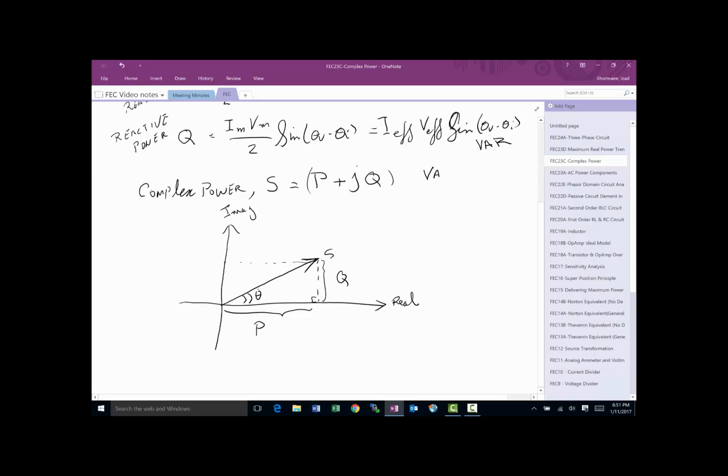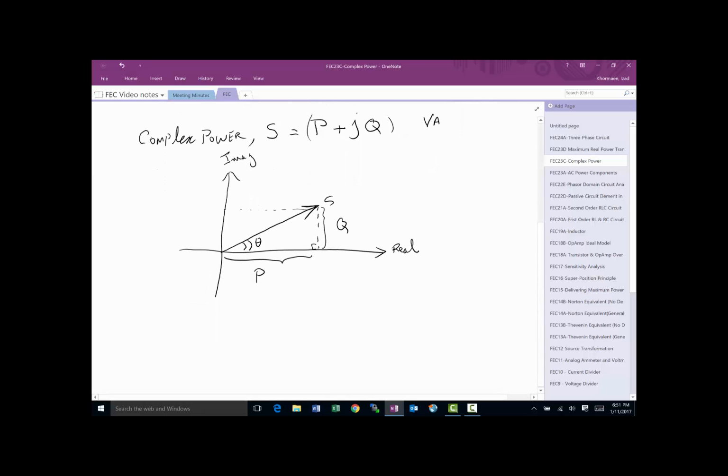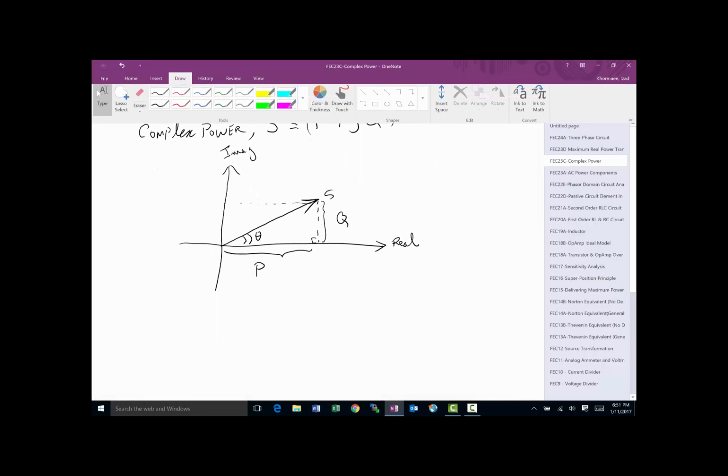Okay, so we can apply all the complex number conversions that we have learned so far to this complex power too. So let's take a minute and go through that.